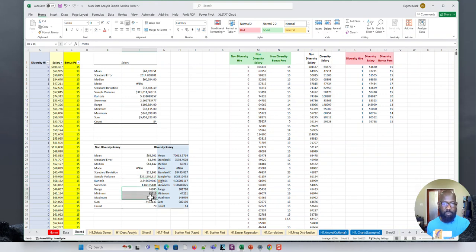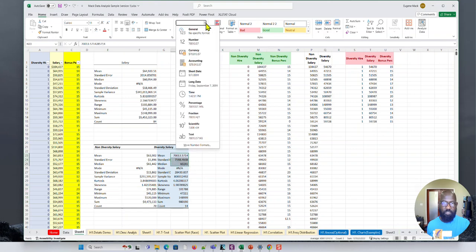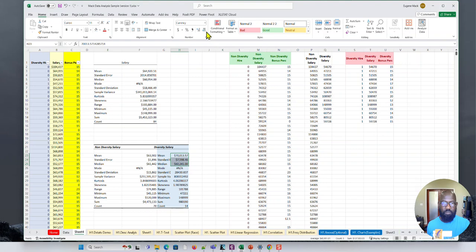Here, range, minimum, maximum, the sum. Do the same here. Currency. Remove those zeros.